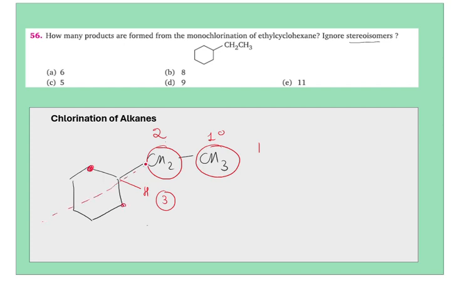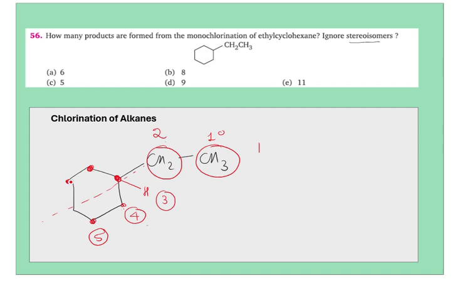Are they symmetrical? Yes, because both of them are attached to the same carbon. So whether you remove from here or here, you are going to get the same product, that is product number 4. When I remove from here, I am going to get product number 5, which will be same as when you remove from this position.